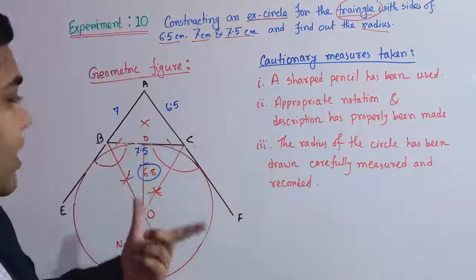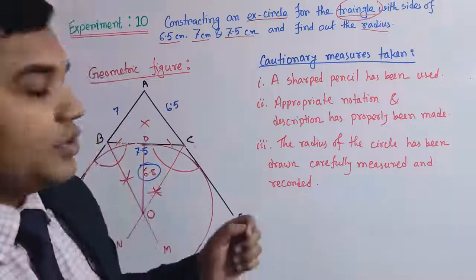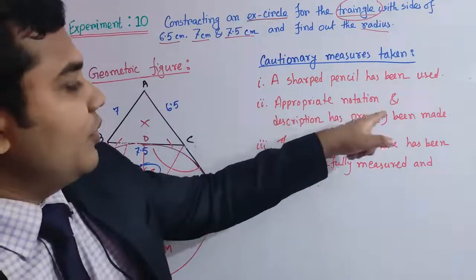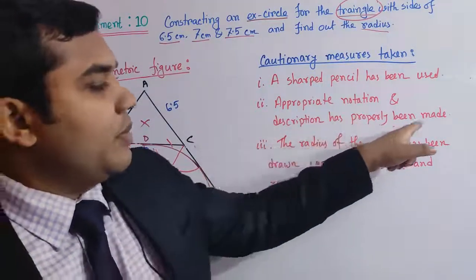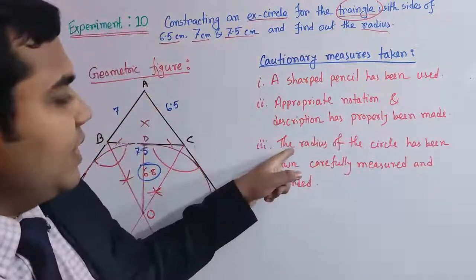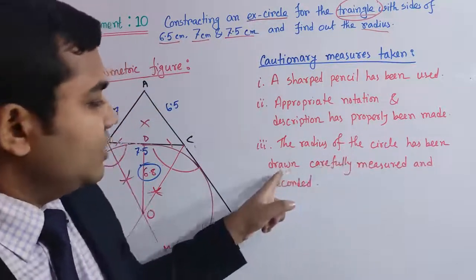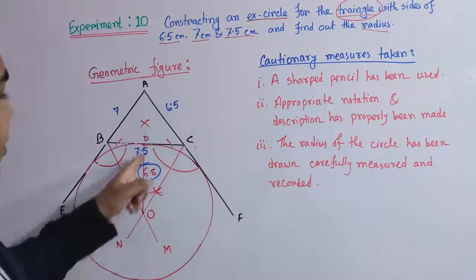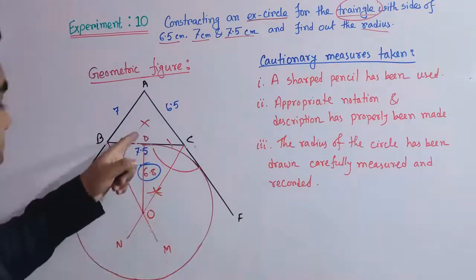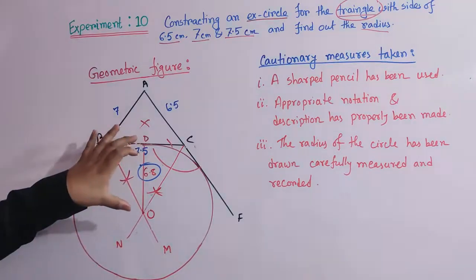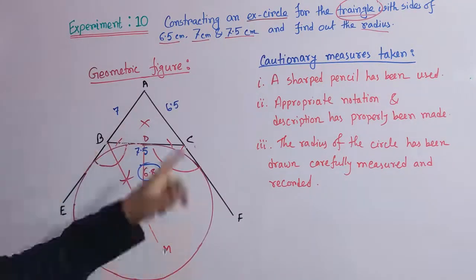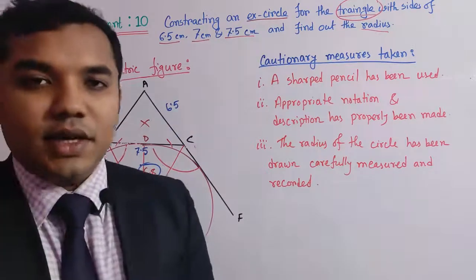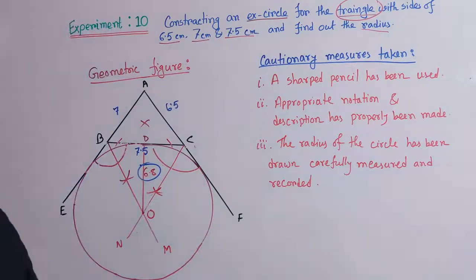That's why you must be very aware and conscious about that. Appropriate notation and description have been properly made, and the radius of the circle has been drawn carefully, measured and recorded. So when we go for this radius, we have to be very sincere about taking the measurement as well as drawing the circle. This is the awareness area of this practical.